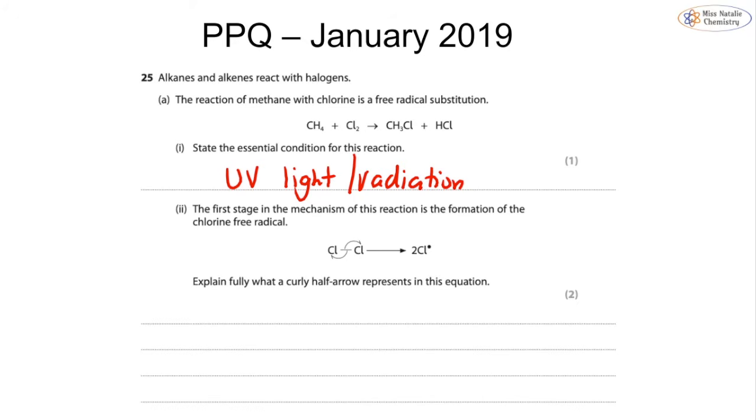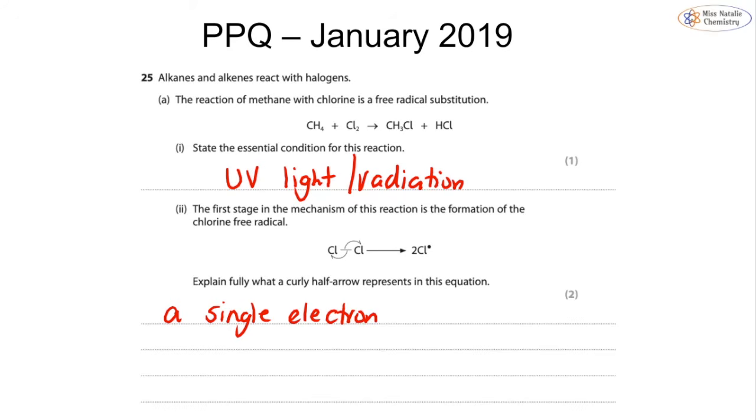And the first stage in the mechanism is shown here to make the formation of the free radical chlorine, and we can see that in the diagram, and we want to explain what a curly half arrow means. So we have a single electron.